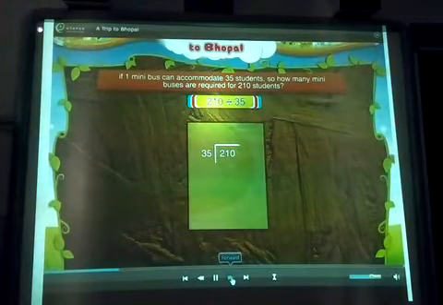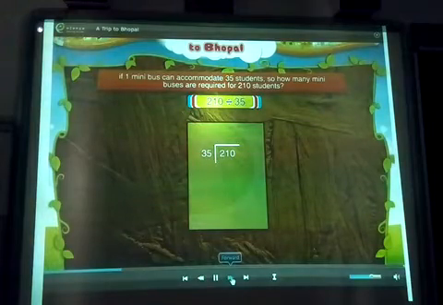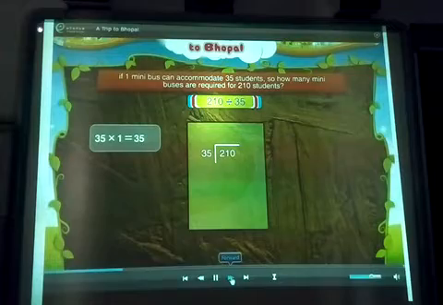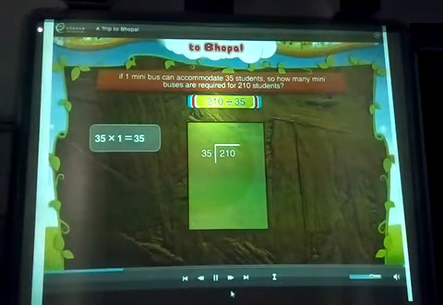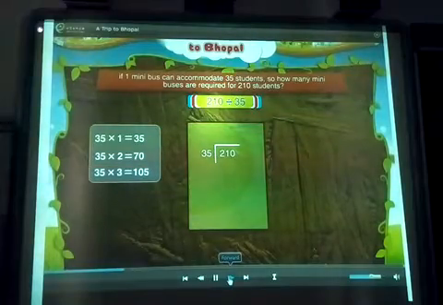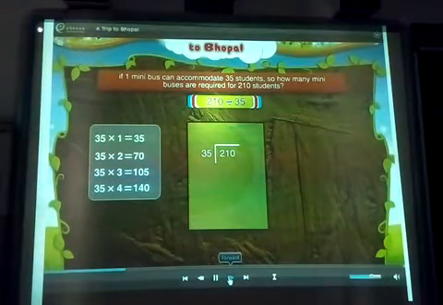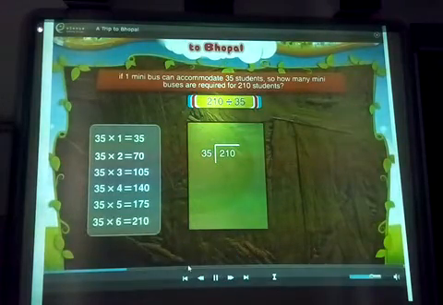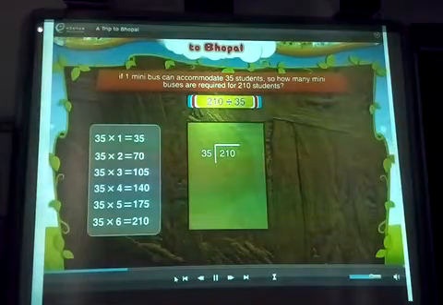Let's say the table of 35. 35 into 1 is equal to 35. 35 into 2 is equal to 70. 35 into 4 is 140. 35 into 5 is 175. 35 into 6 is equal to 210.